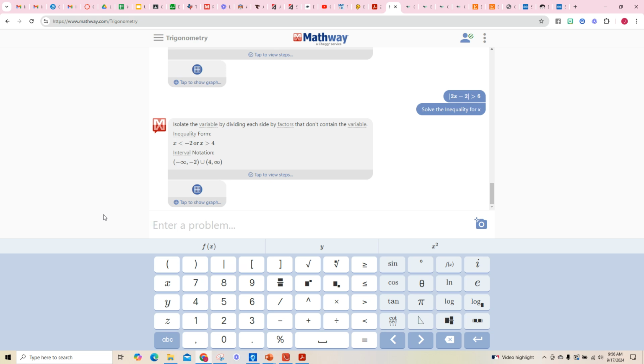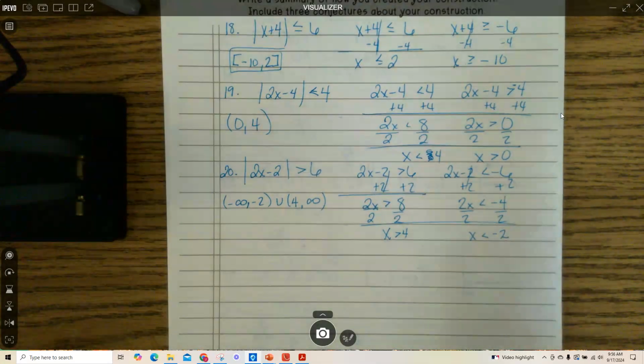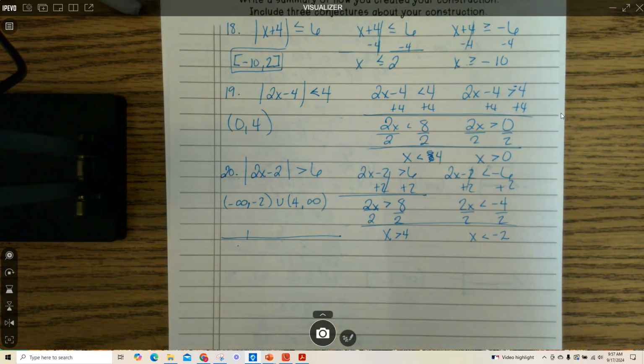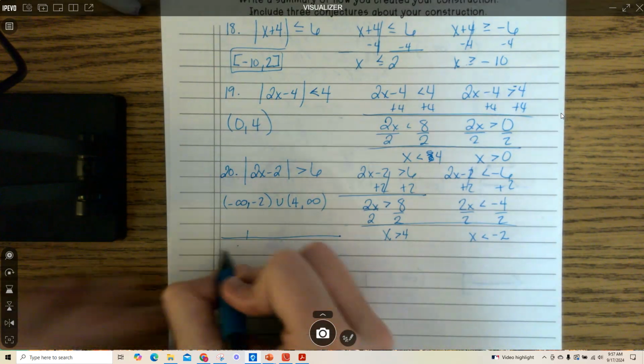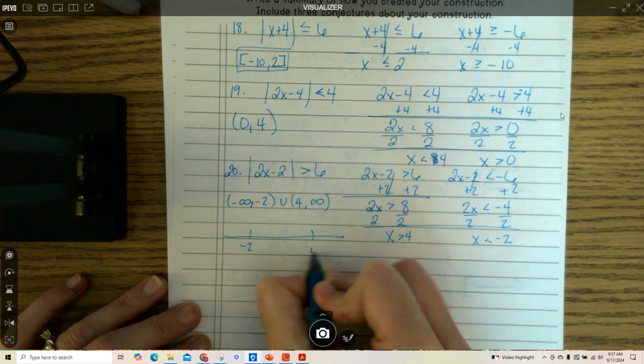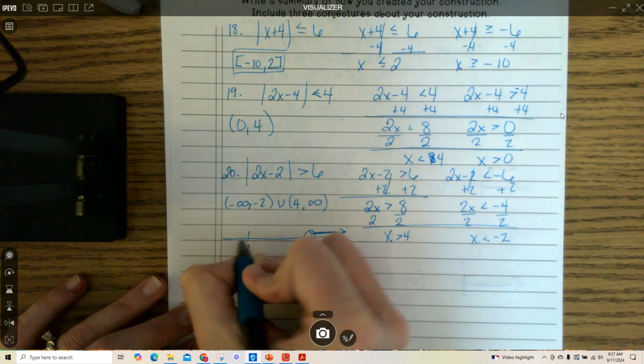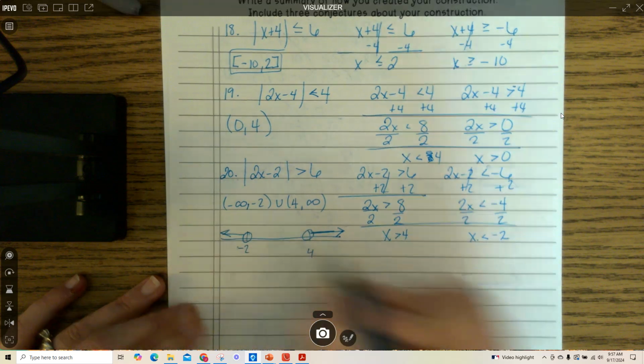I guess I still have to solve. So on a number line, what this looks like, -2, here's 4. So x is greater than 4, it goes this way. X is less than -2, it goes this direction.